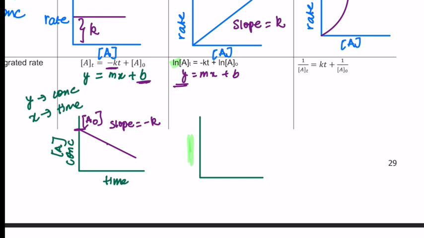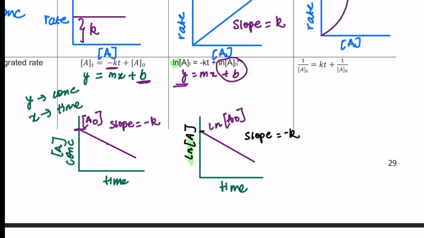So the axis would say ln concentration on the y-axis, and the x-axis is still time. The graph would look like this. The slope is equal to negative k, and in this case the y-intercept is ln of initial concentration.